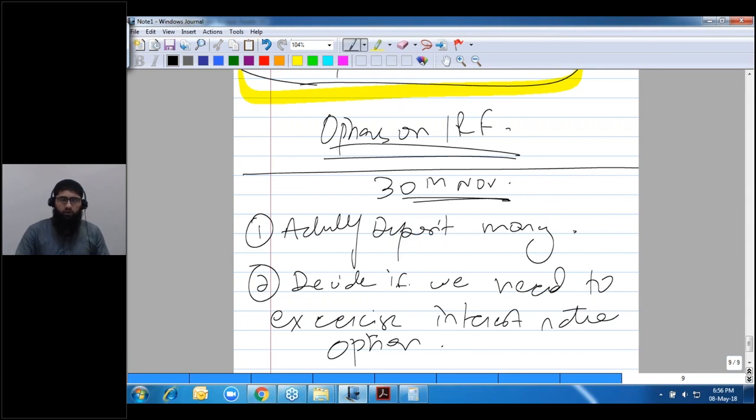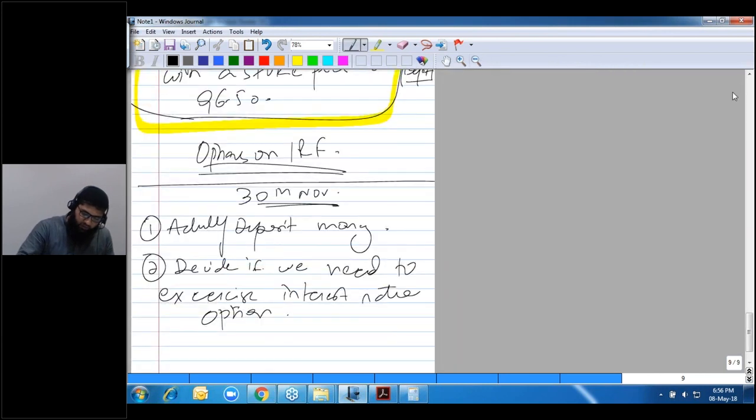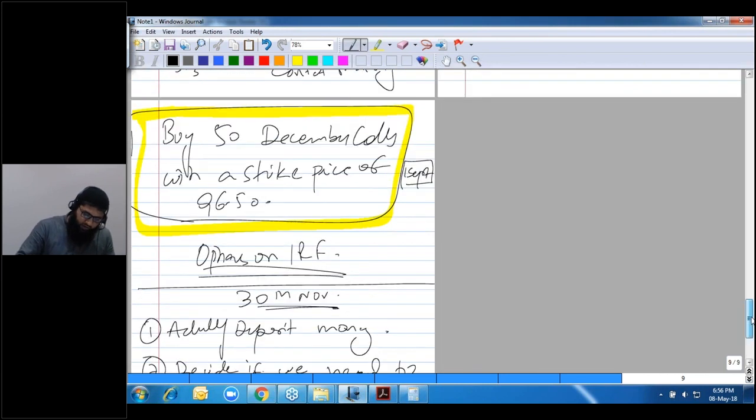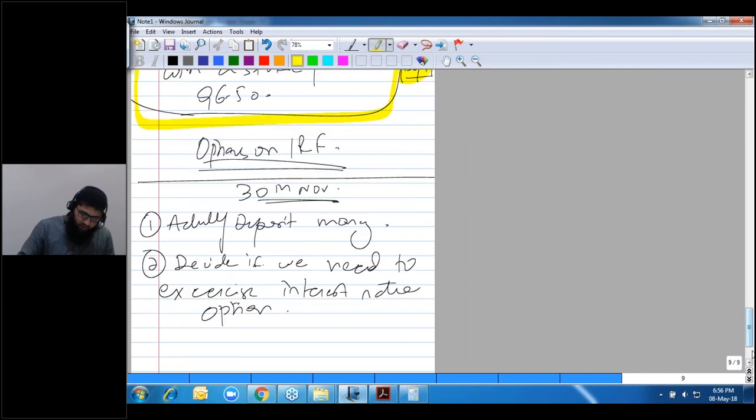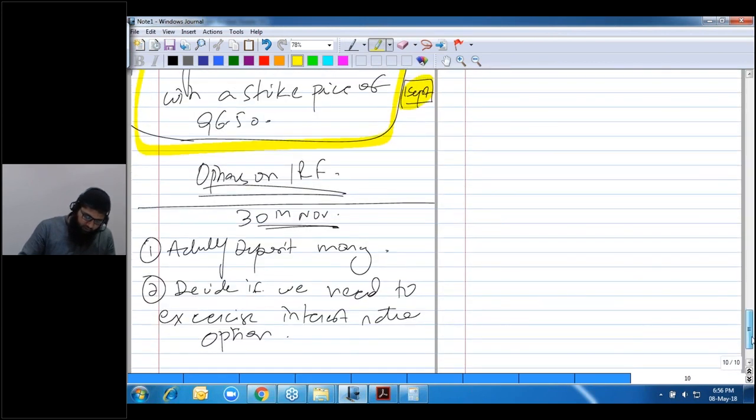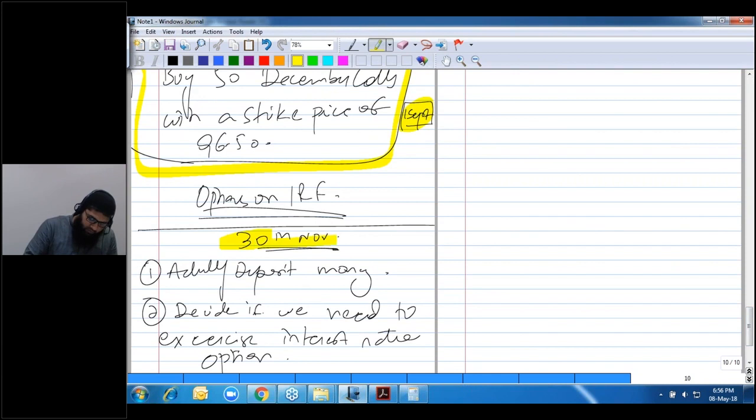So what is going to happen on 30th of November? First thing that has happened is on the 1st of September, you have created a hedge. And on the 30th of November, you would deposit the money into the bank and you would decide if you need to exercise the interest rate option or not.